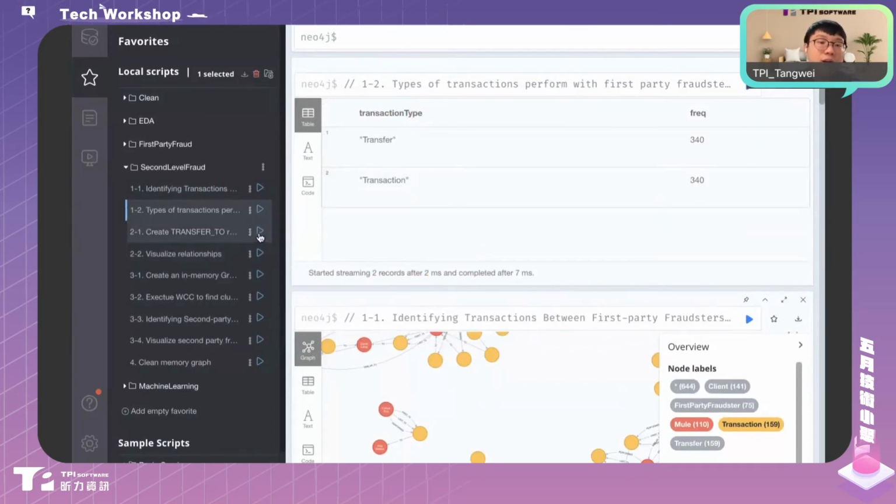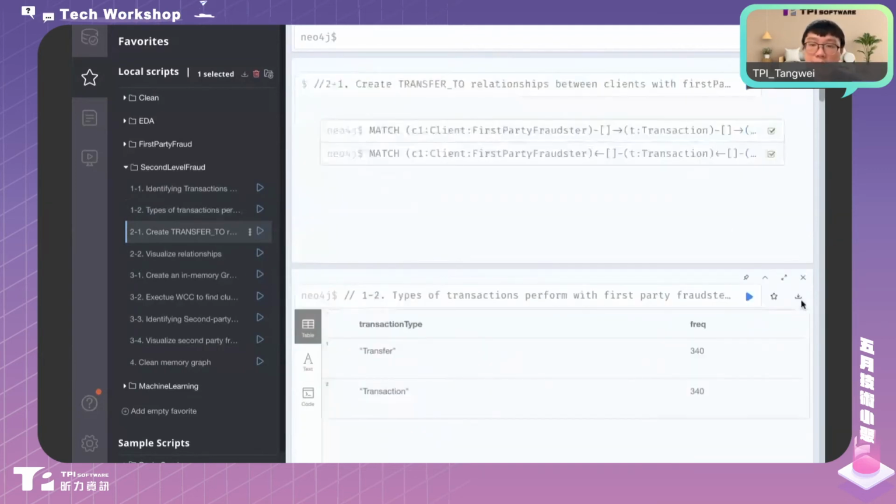Okay, so the next step, we will create a new relationship. So let's go ahead and create the transfer to relationship between the clients with the first-party fraudster tag and clients with no such tags but who transact with fraudsters.